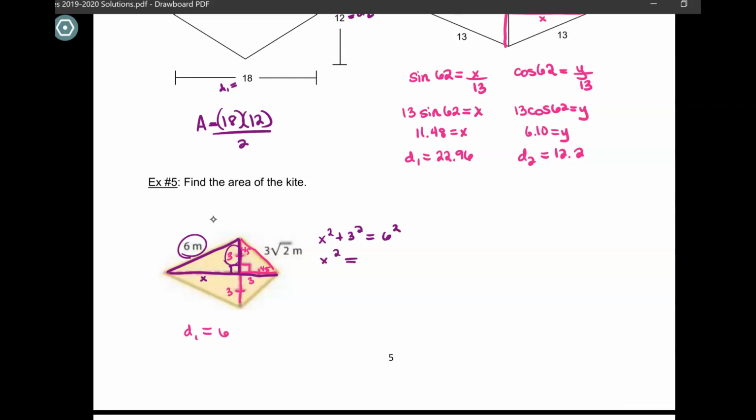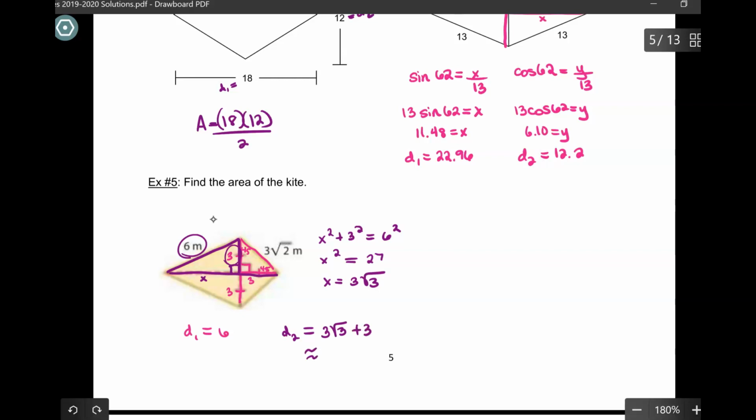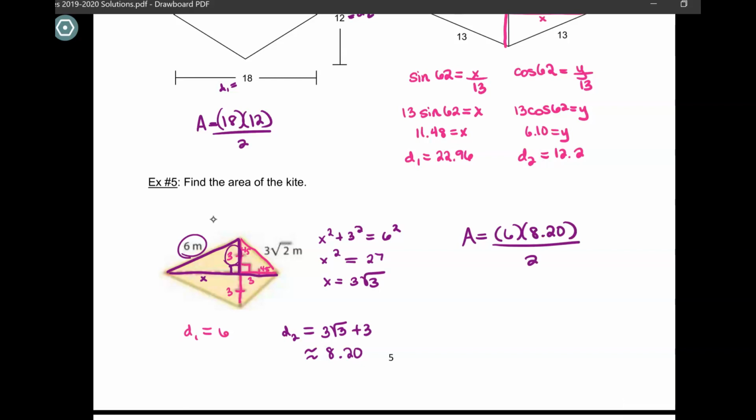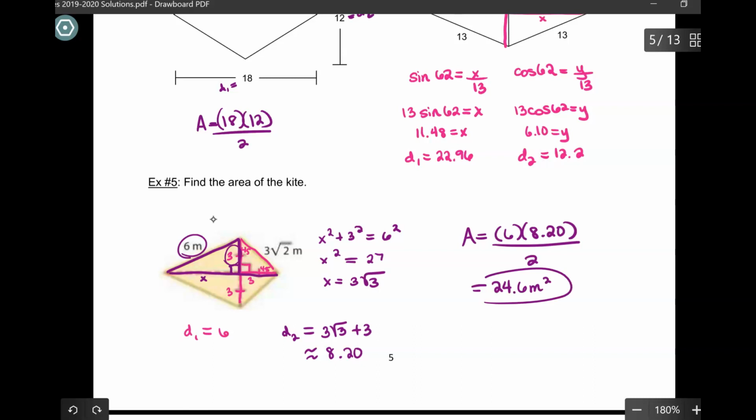So 36 minus 9 is 27. So when I take the square root, you see how we do get 3 root 3. So that makes diagonal 2 3 root 3 plus 3. And I'm going to just plug that into the calculator. That comes out to be 8.20. So now for the area, we have diagonal 1 times diagonal 2 divided by 2. And we get 24.6 square meters.